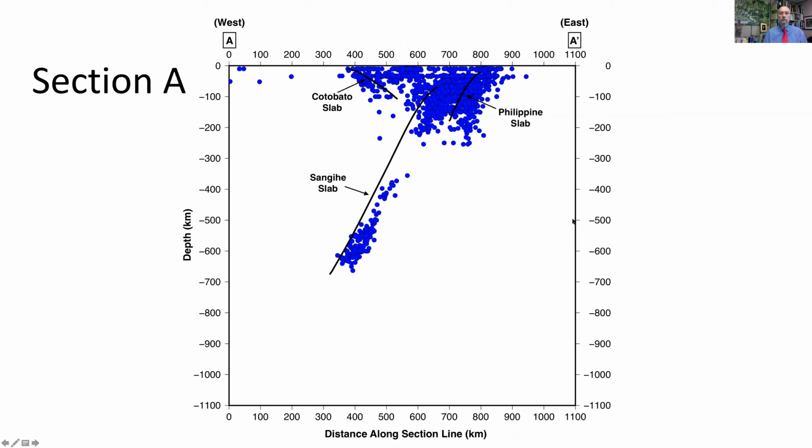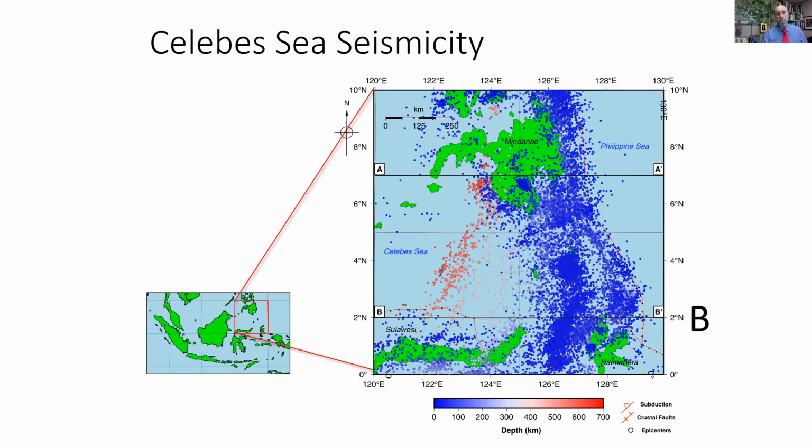So here we have the Philippine Sea slab subducting down to a depth of only about 200 kilometers, and the Sangihe slab going down to a great depth of 650, with many, many earthquakes at great depth. Here we have a seismic gap, but a huge number of earthquakes at greater depth. Very different, for example, than the Sumatra example.